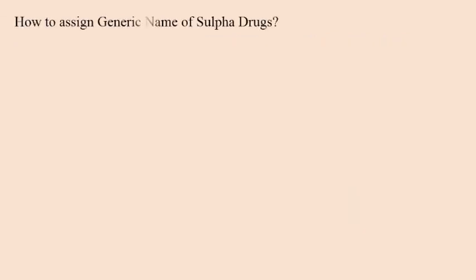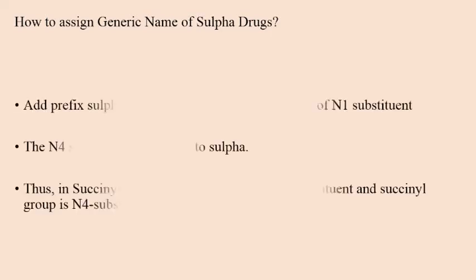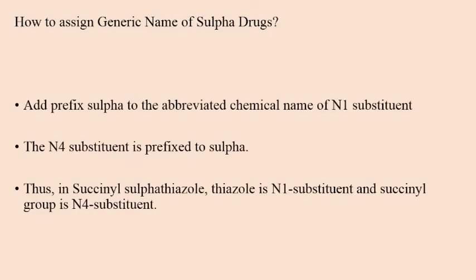Now, how to give a generic name to sulfa drugs? This is our question. Simple rules: add the prefix sulfa to the abbreviated chemical name of the N1 substituent. Whichever group is present at the N1 position, add the prefix sulfa.